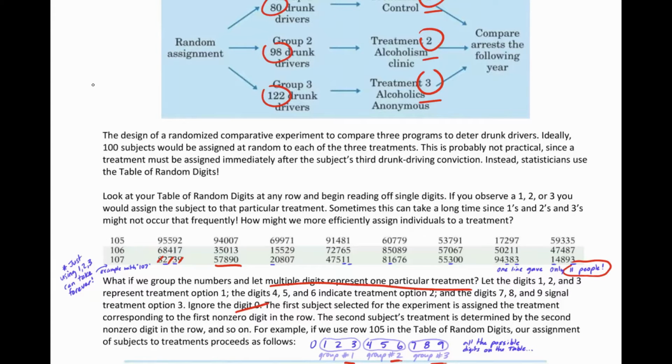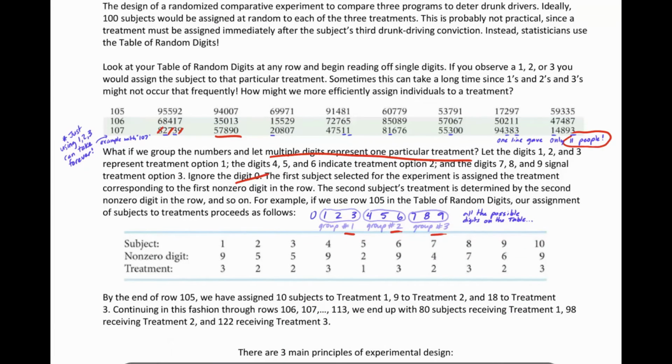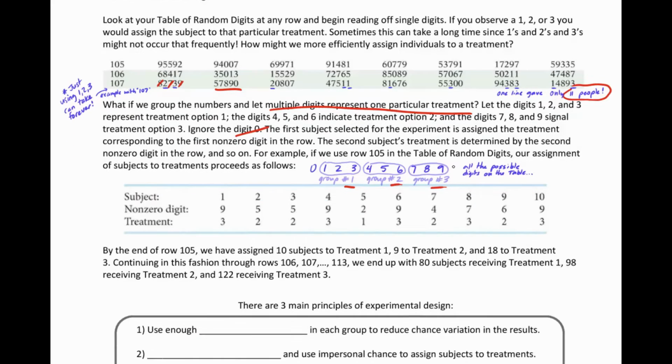And you don't necessarily have to go 1, 2, and 3, 4, 5, and 6 and group them like that. Potentially, you could have done 1 and 4 and 7, 2 and 5 and 8, 3 and 6 and 9, but that gets a little bit more confusing because your numbers are spaced out a little bit more. So minimize the chance that you're going to make an error.